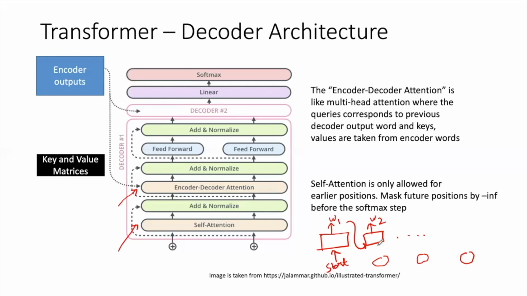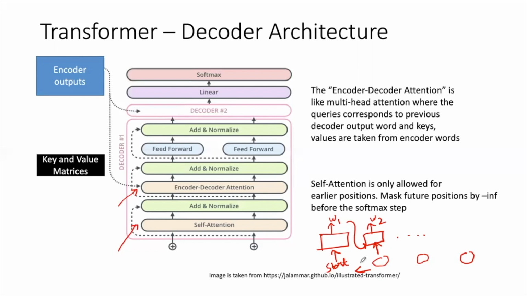For example, let's say we are conducting self-attention at the second word. We cannot use the third, fourth, fifth words, etc. We can only use the words prior to the second word. So that's one aspect in which the self-attention in the decoder is different from the encoder.